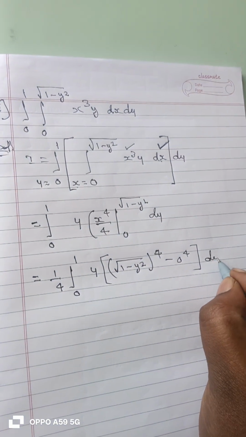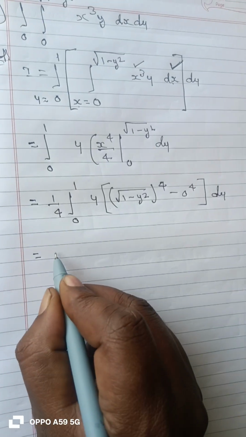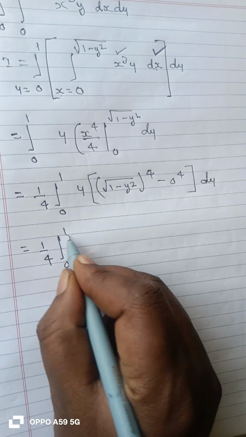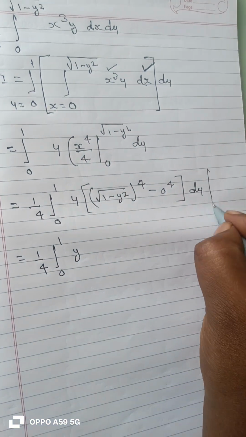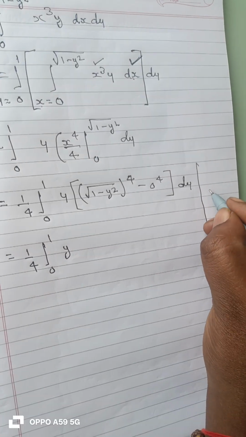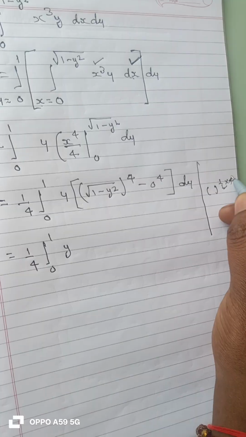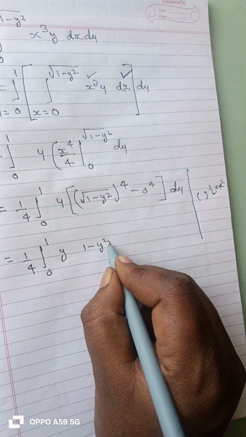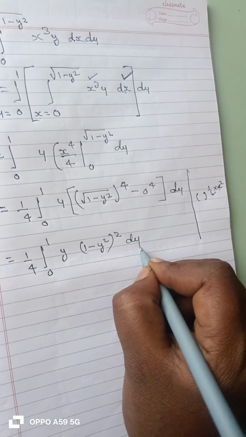This is dy. Now this is equal to 1 by 4, 0 to 1, y written as it is. This is nothing but the power 1 by 2 into 4, 1s 2s, it means 1 minus y square whole square will happen, this is dy.